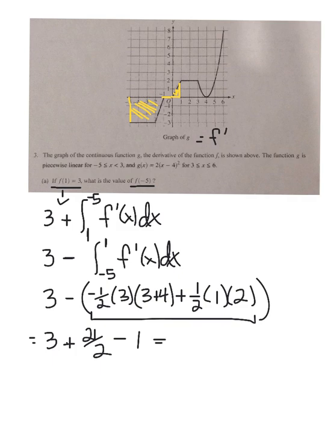Okay, so what do we have over here? Well, that's going to be 2 plus 21 over 2, right? So I'm going to make that 4 over 2, plus 21 over 2. Final answer, 25 over 2.